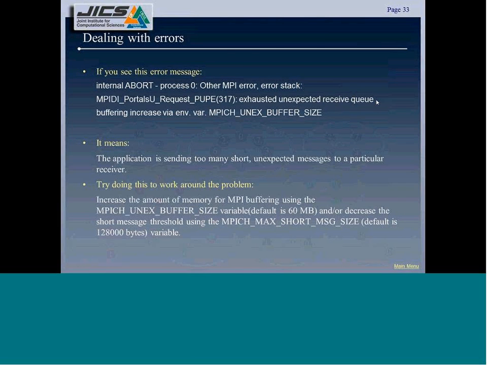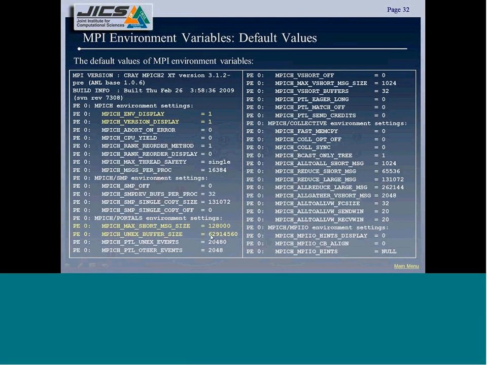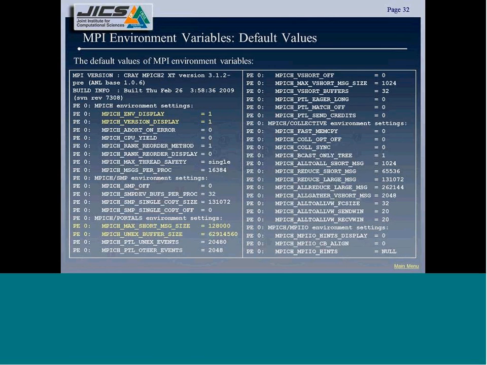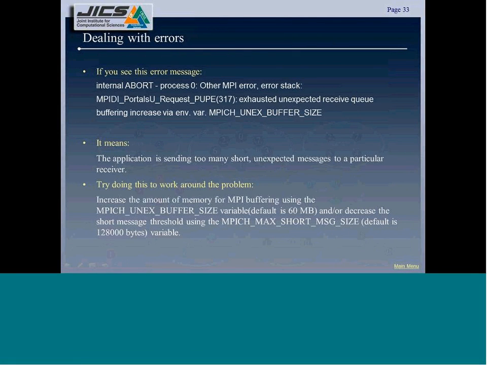In the previous slide, we saw that this variable is set to 6 megabytes. So use that value, or you can decrease the short message threshold using MPI max short message. Again, the default value is 128.